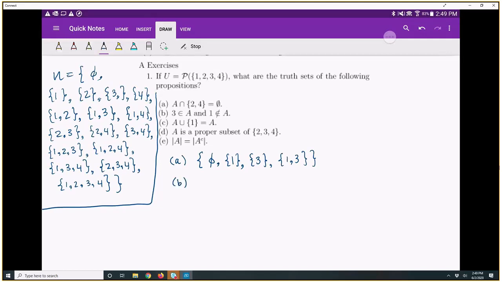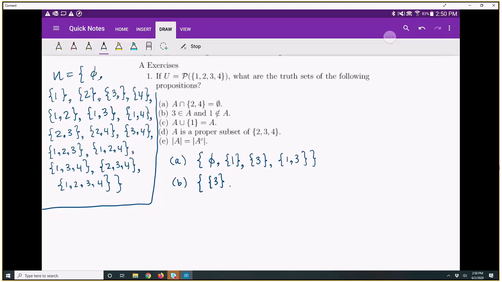For part B, we're looking for sets such that 3 is in the set and 1 is not in the set. So for part B, we could have singleton {3}. Then it makes the statement true because 3 belongs to it, but 1 does not belong.